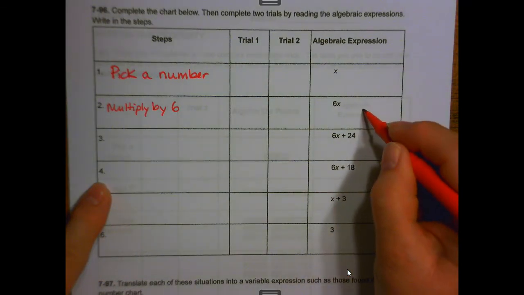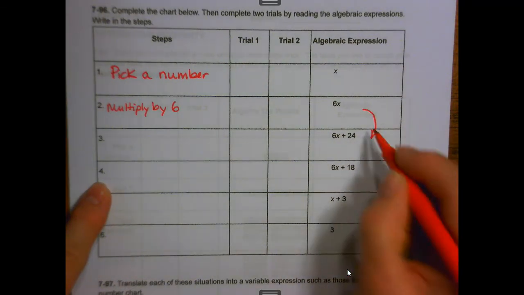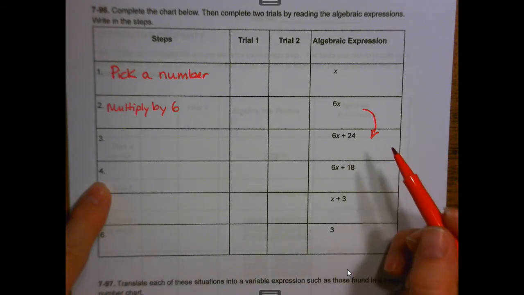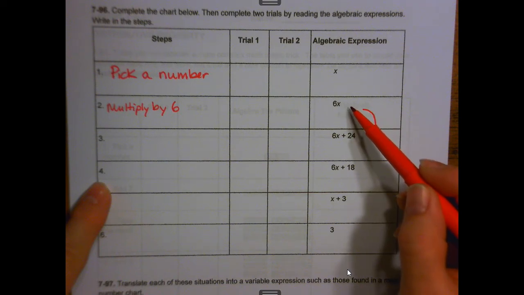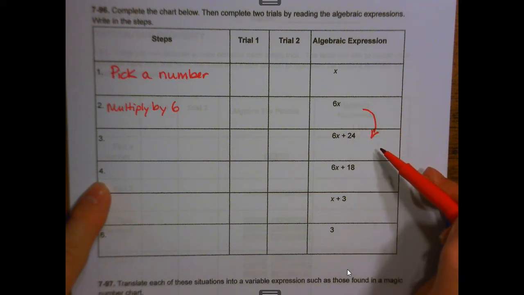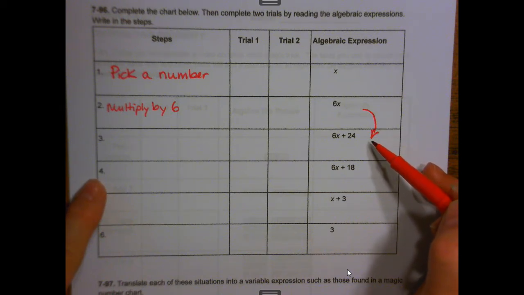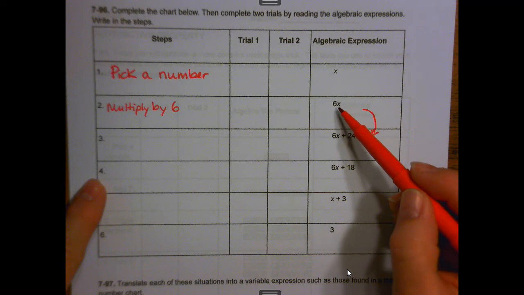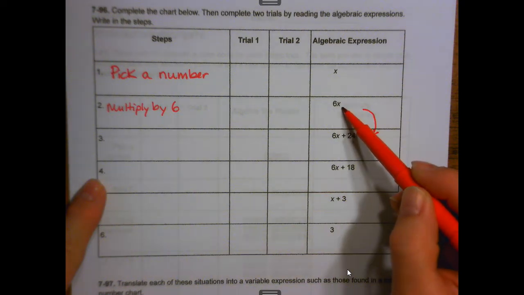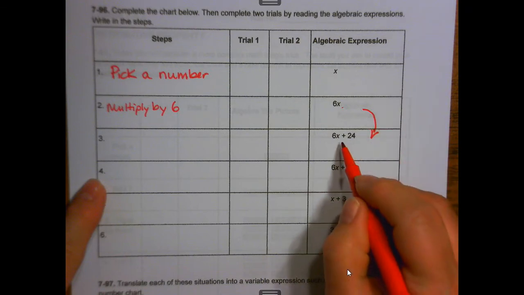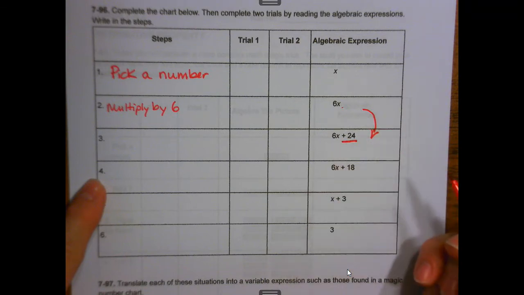Now, yesterday, when we were talking about the algebraic expressions and the pictures of the tiles, I asked you to look at the box above or the previous expression or the previous step to try and figure out what the change was. And when we look at this, we see in the box above, we just have a 6x. Down here, I have add 24.